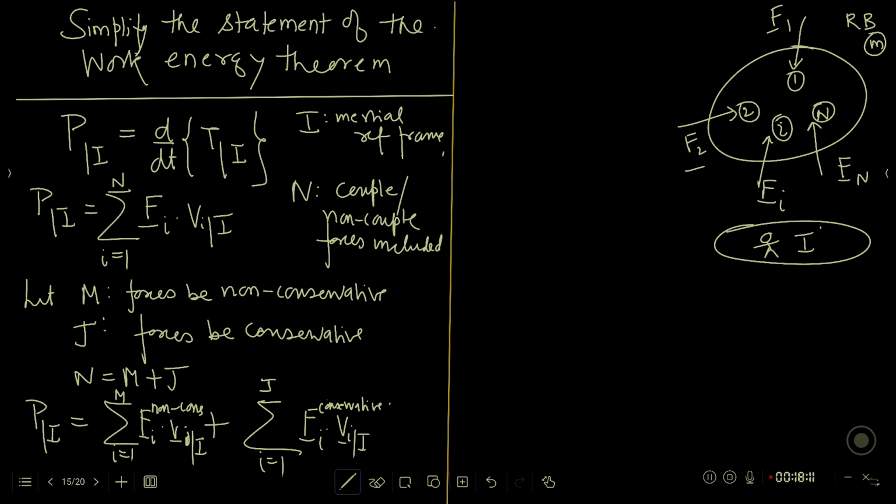The non-conservative forces I will not be able to simplify any further. But the contribution coming because of the conservative forces I am going to simplify.